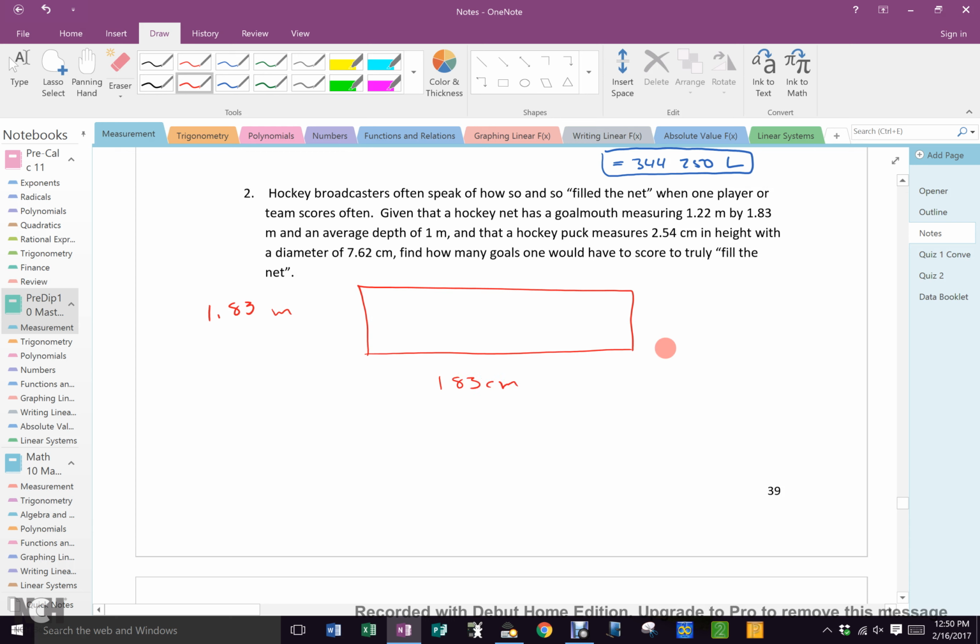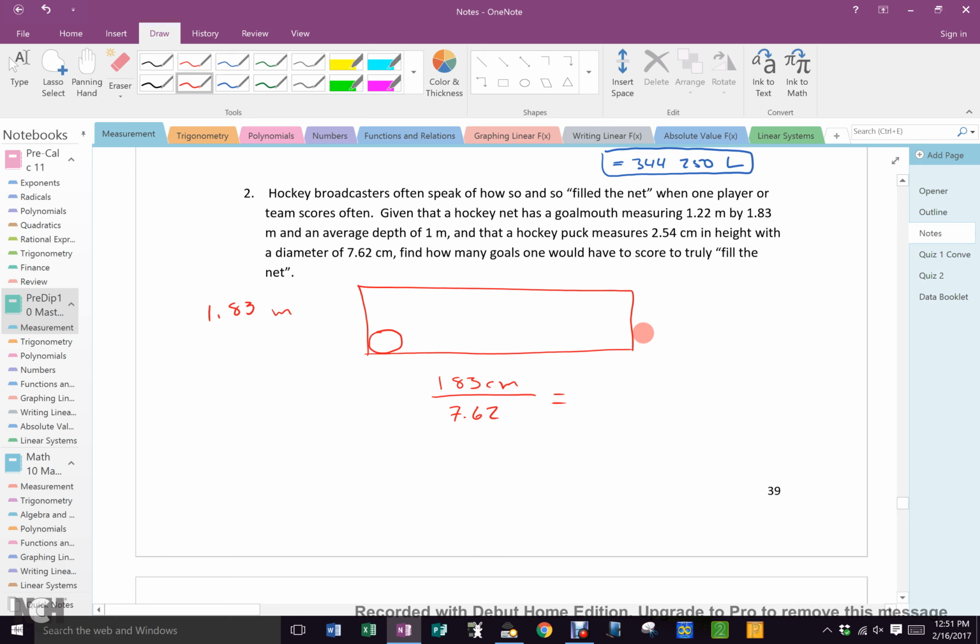How many pucks will fit across there? What math must you do to find out how many pucks you can fit there? Division, right? Division by what? How wide is a puck? 7.62, yes? So if I divide that by 7.62, will that tell me how many pucks will go across here?